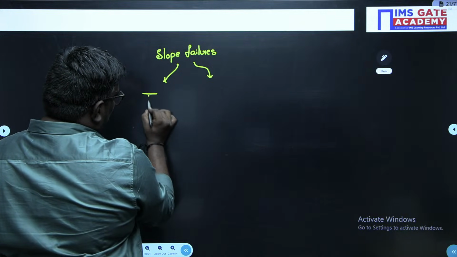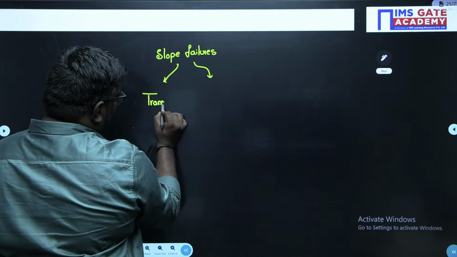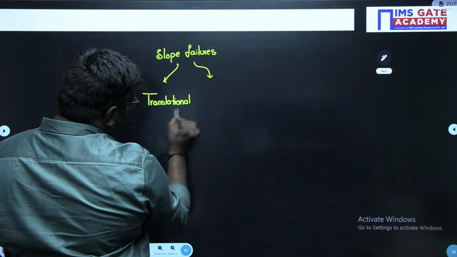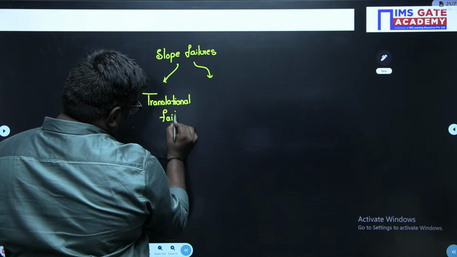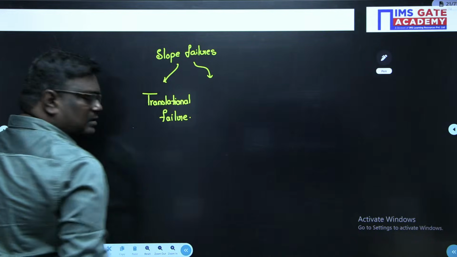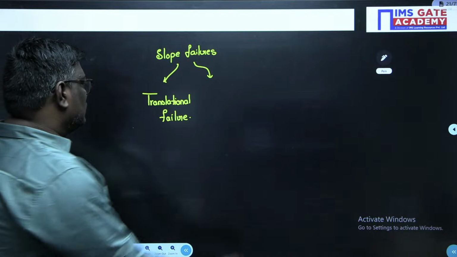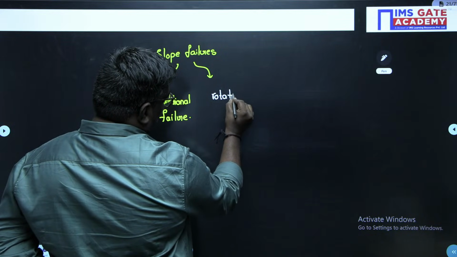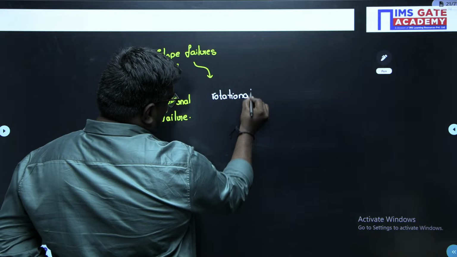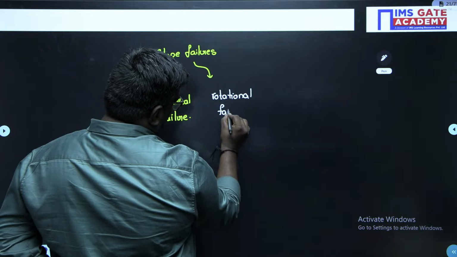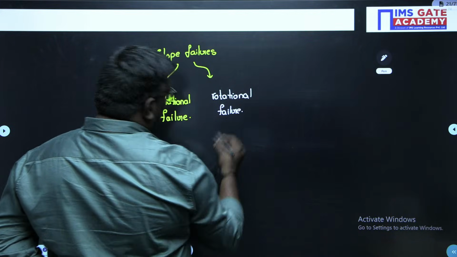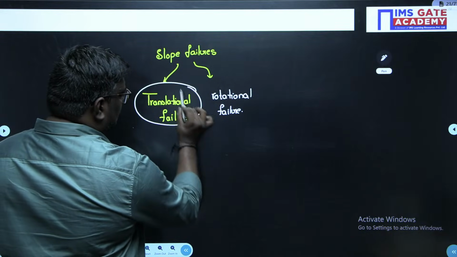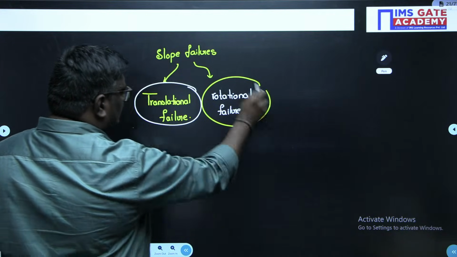One is translational failure and the other one we have is rotational failure.